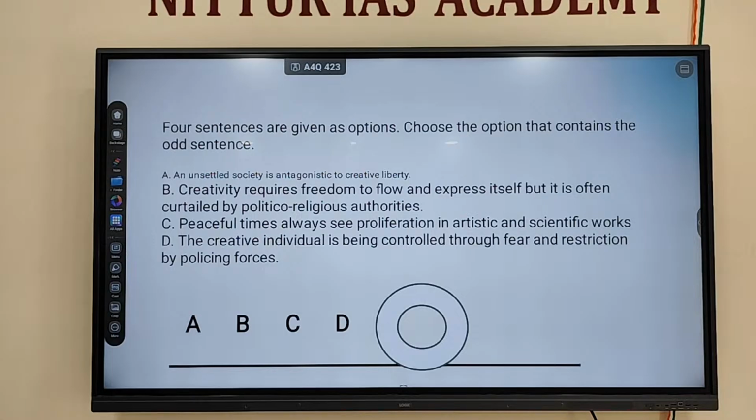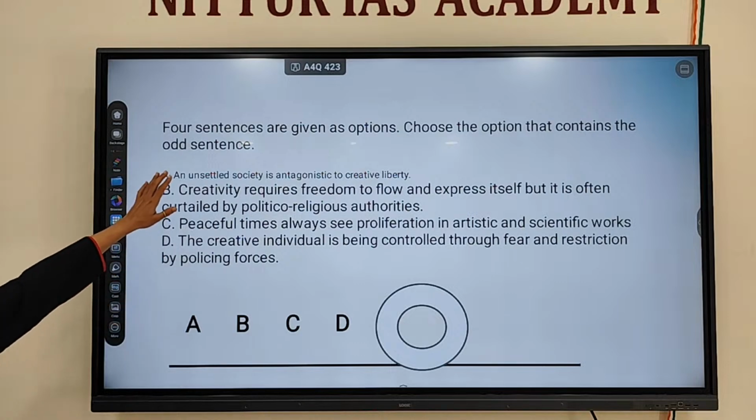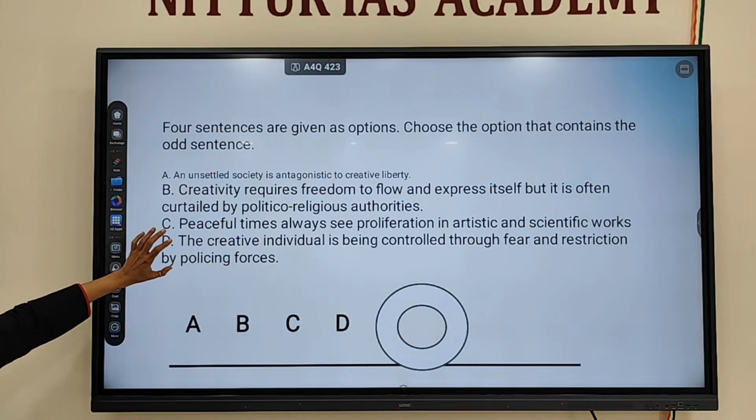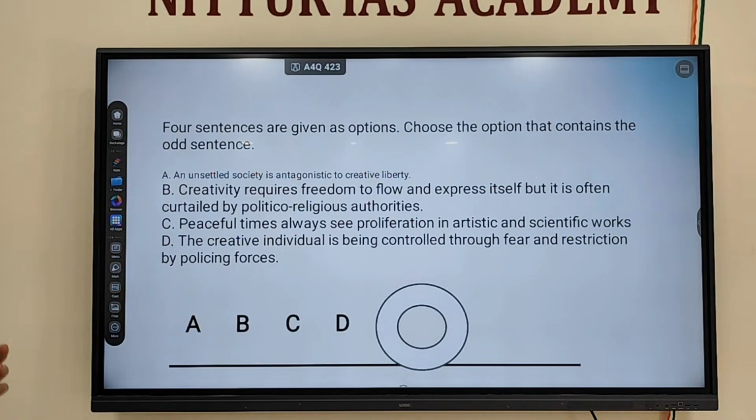Against, is not allowing, or is curtailing, something like that. Correct? Doesn't allow. So if we look at the options, the first, second, and the fourth one are trying to talk about why the freedom is curtailed. People are not able to express because of their religion issues or because of their political issues.